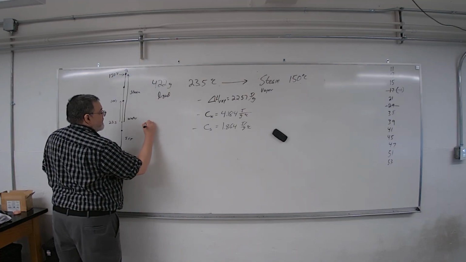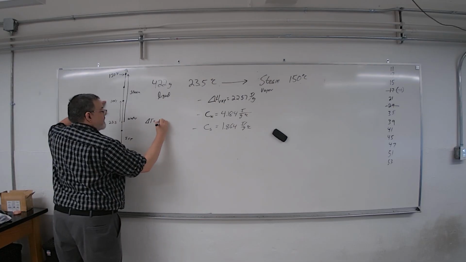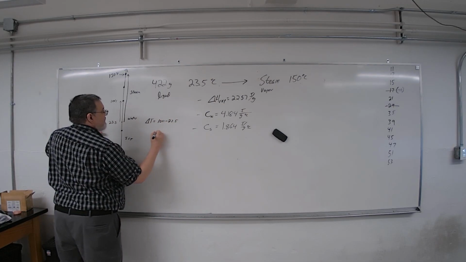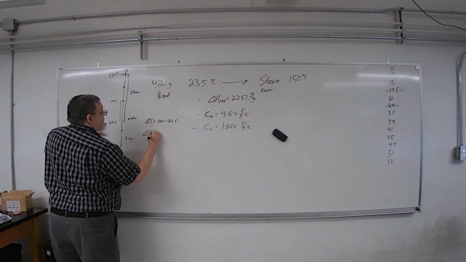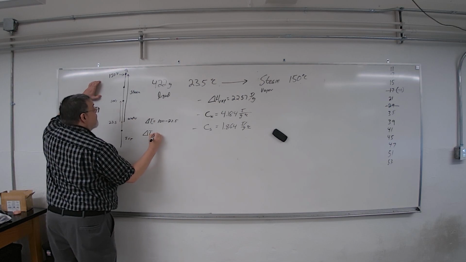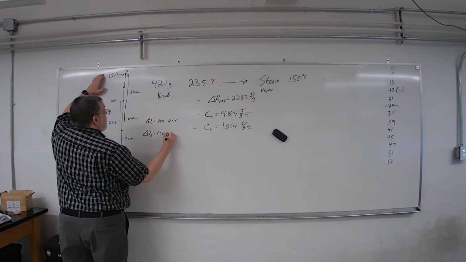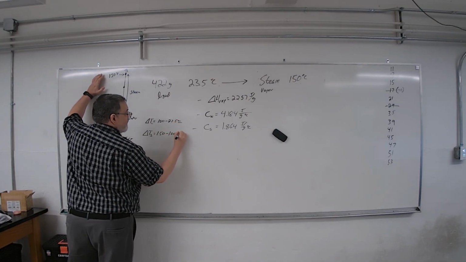Let's find our delta T first. Final is 100. Initial is 23.5. That's delta T of water. Delta T of steam is final 150, initial 100. So what do we get here?